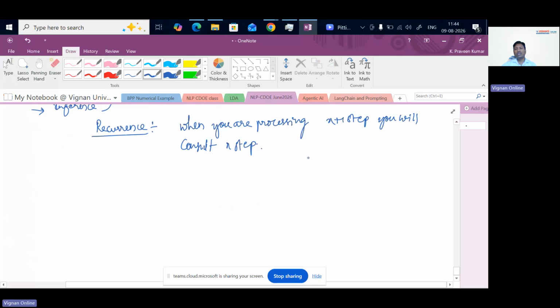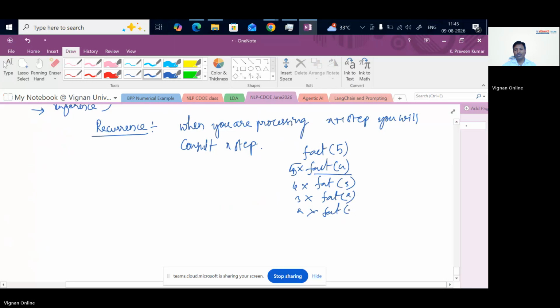Or even in finding the factorial using recurrence, what we do is, for fact of 5, I will call 5 into fact of 4. Then to get this, I will do 4 into fact of 3. To get this, 3 into fact of 2. 2 into fact of 1, and this result is 1.